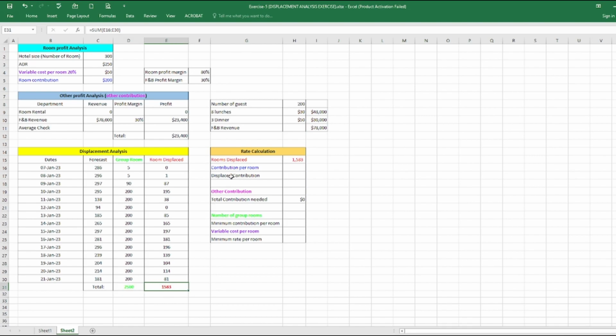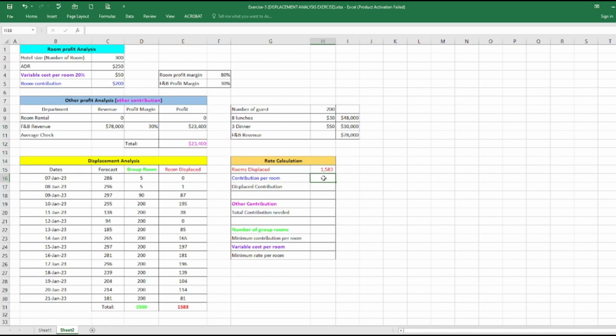Okay, so let's continue our calculation. Room calculation. The number displaced is 1,583. Contribution per room is 200 US dollars.